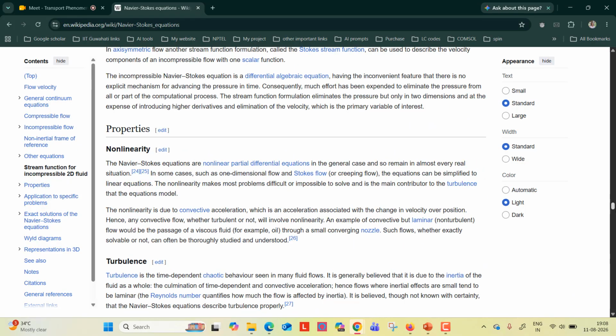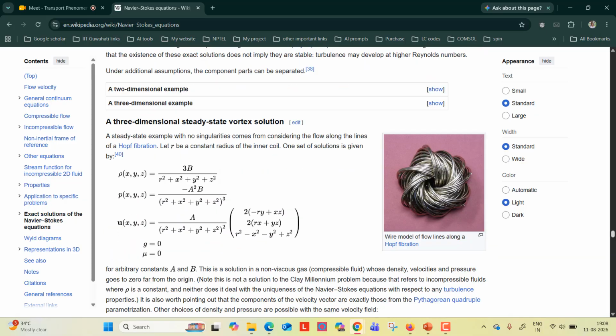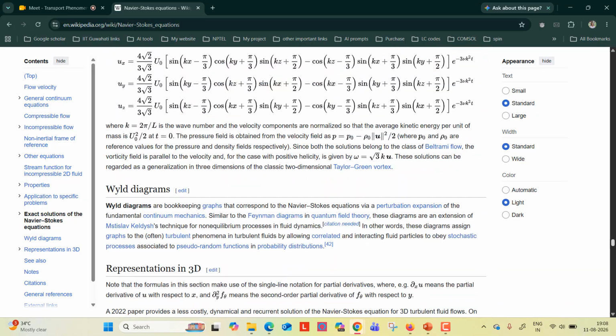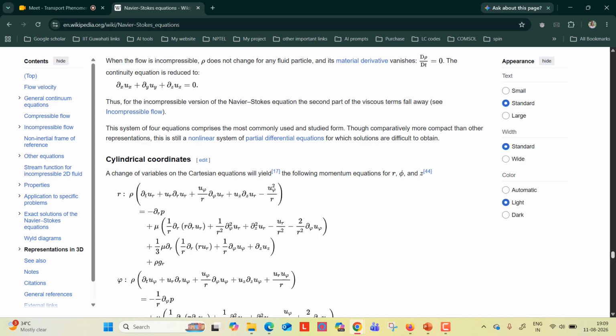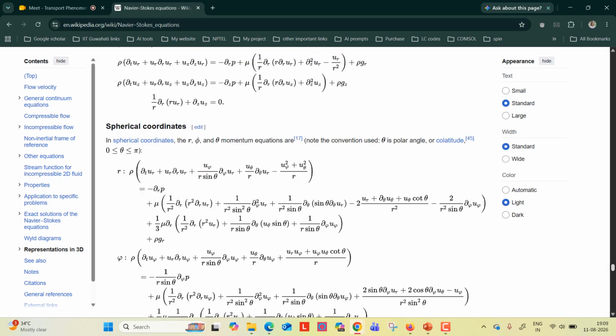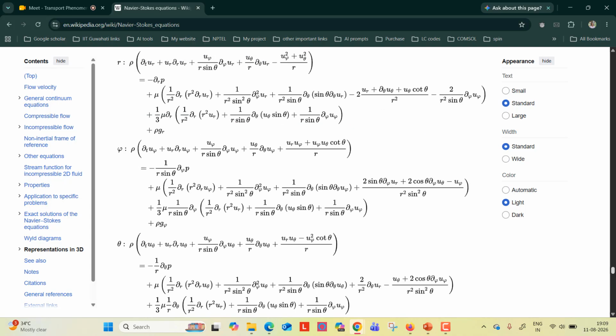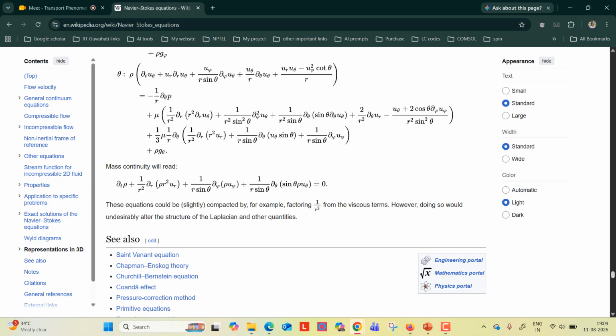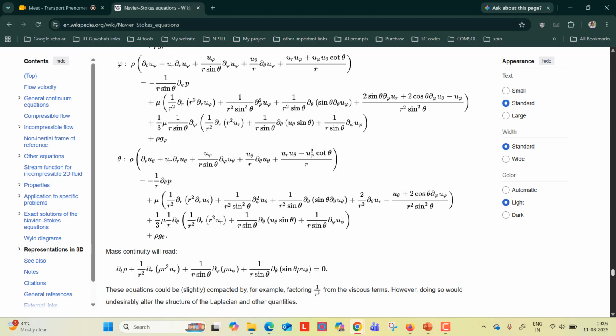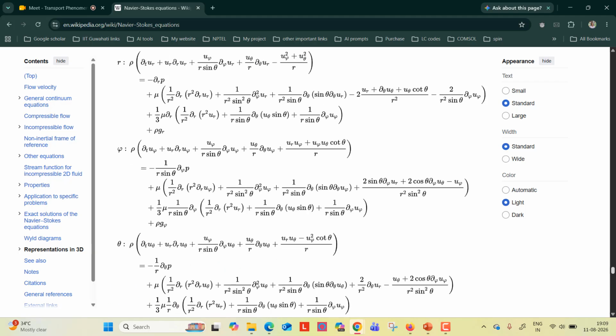Yeah, this is the cylindrical coordinate, and this comes the spherical coordinate. The simplified version is not given, and this one is also a little bit complicated.